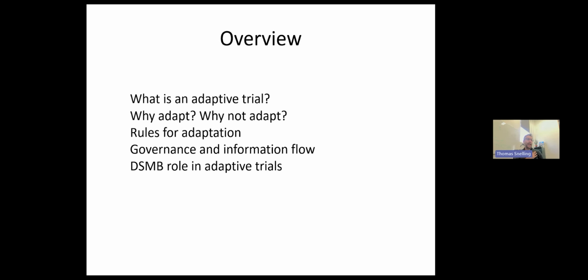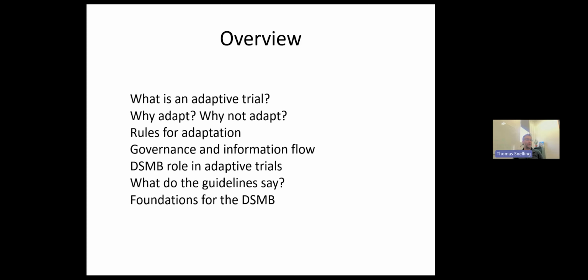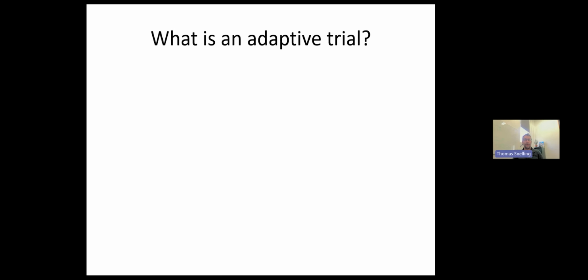We'll talk about the evolving role of DSMBs in providing oversight of adaptive trials, trying to complement the previous two seminars by Professor Thabane. And then Julie will talk about how what we've said agrees or doesn't with the evolving guidelines, and we'll discuss the foundations for DSMBs.